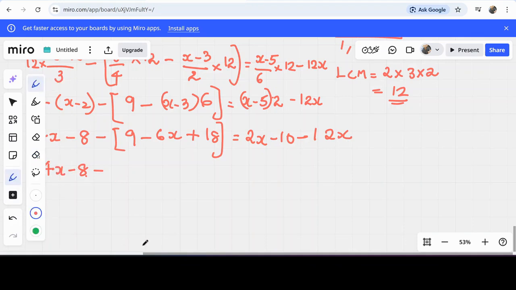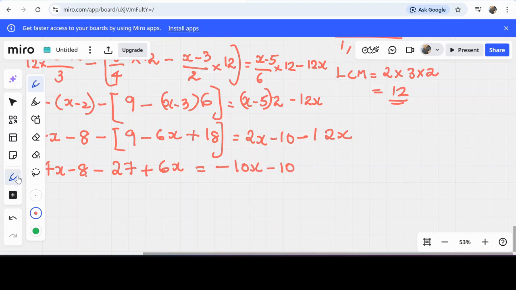Then here in the bracket I know that 9 and 18 are there, so 9 plus 18 is what? 27. So when I open the bracket I will get minus 27, then minus into minus is plus, plus 6x will come, which is equal to 2x minus 12x, so minus 10x, minus 10 will come.